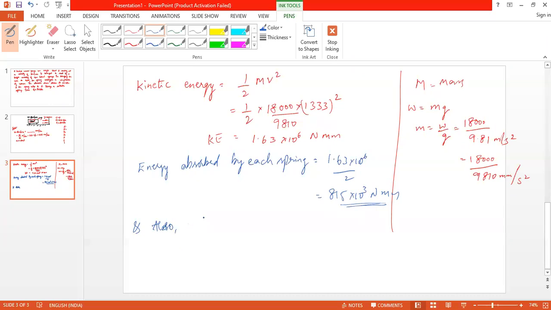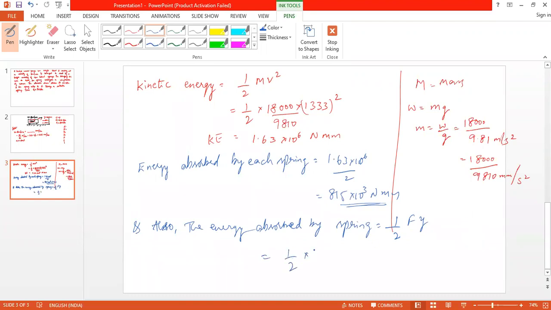And also the energy absorbed by springs is given by half F y, force into displacement, or 1 by 2 F x.